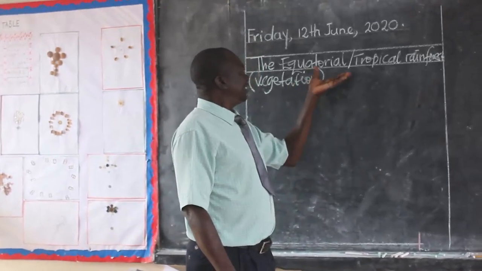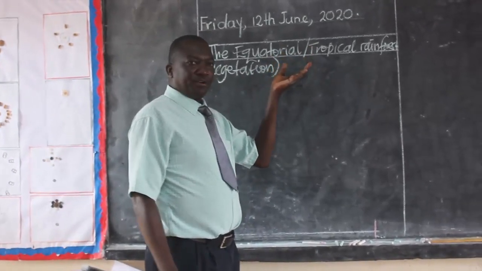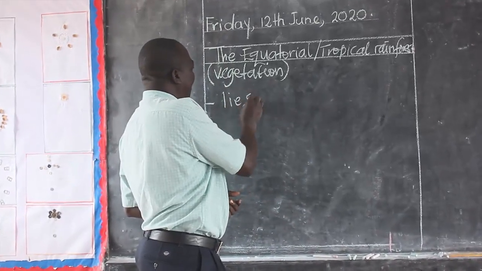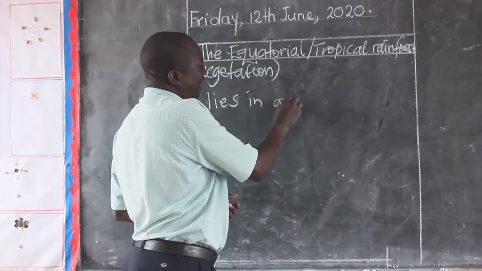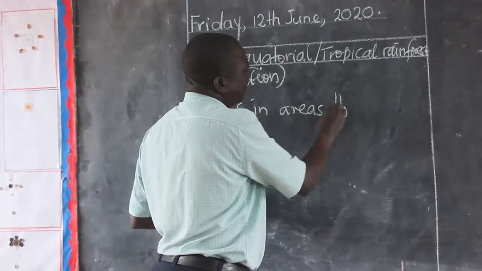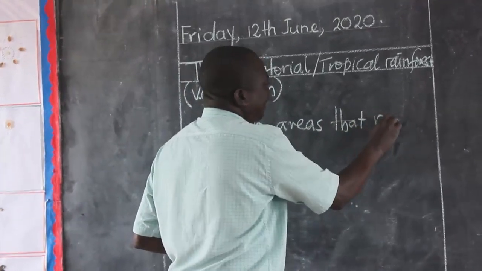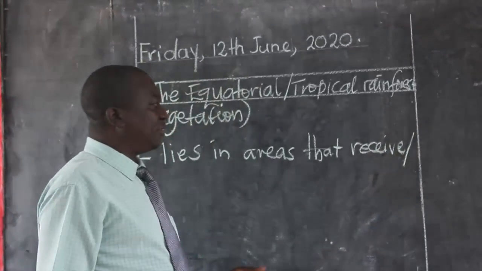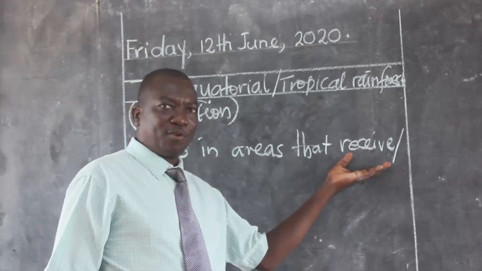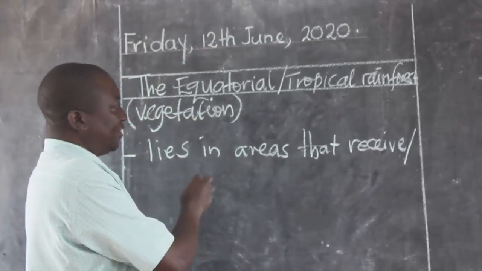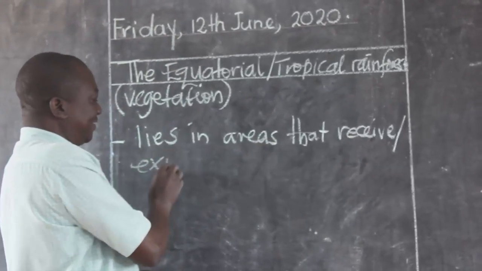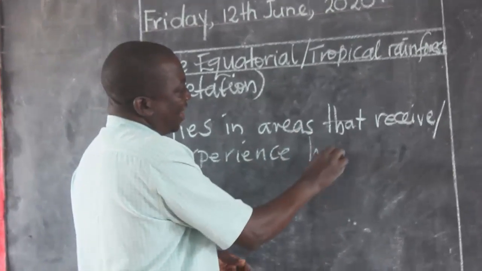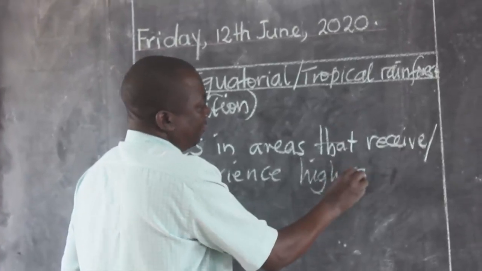We are saying that this equatorial vegetation lies in areas that receive. We can also use other words. You know, SST has very many words meaning the same thing. Receive or experience high rainfall.